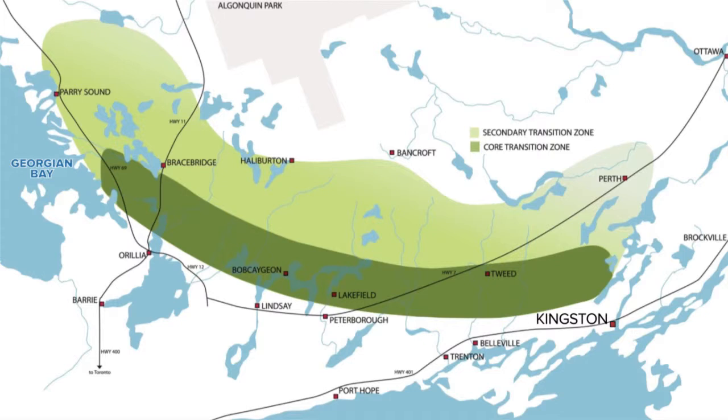And for those of you from Ontario, you'll recognize that this band is also known as cottage country. So the Kawarthas, Muskoka, Haliburton, which is in this kind of secondary transition zone here, are all situated in the land between. So it's very fundamentally an important geographical area for recreation as well as biodiversity.